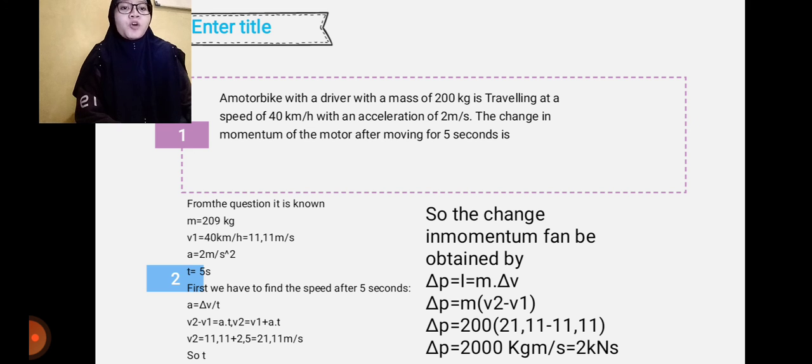So, the change in momentum can be obtained by ΔP = m multiplied by Δv. ΔP is m multiplied by velocity 2 minus velocity 1. ΔP is 200 multiplied by 21.11 minus 11.11. ΔP is 2,000 kilogram meter per second, which is 2,000 Ns.